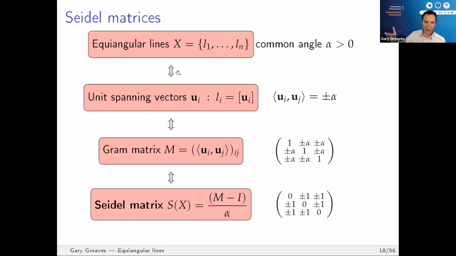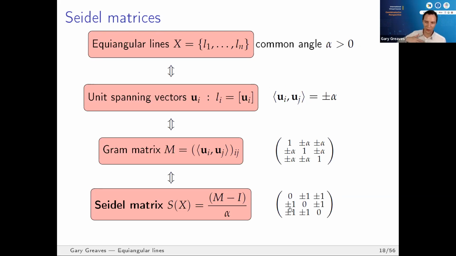Okay, and we can reverse this process. We started off with an equiangular line system X, and we ended up with this matrix, zeros on the diagonal, plus or minus ones on the off diagonal. We can run this in reverse. We can start off with a Seidel matrix, turn it into a Gram matrix, and then decompose that and find these vectors.